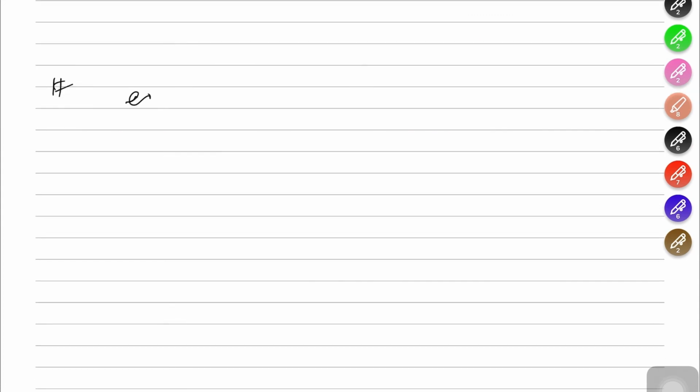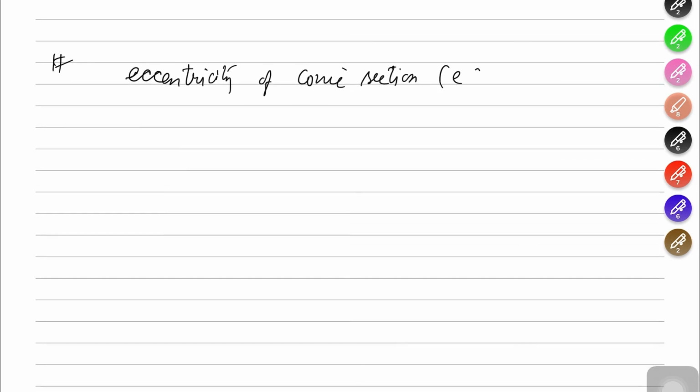Let's talk about eccentricity. The eccentricity of a conic section, that is E, we already discussed. This is the focus, this is the directrix, and let's say M is a point on the directrix, so E is PF upon PM.